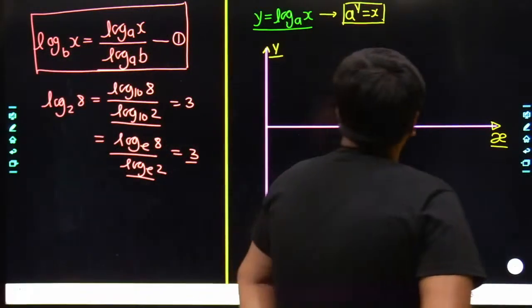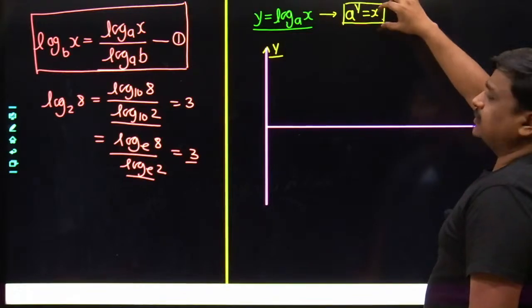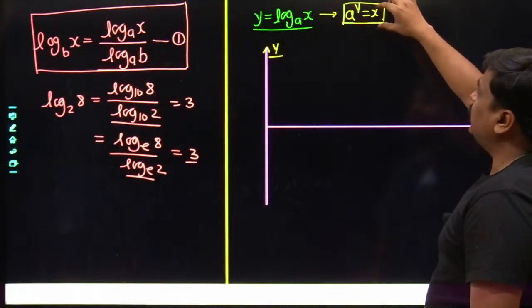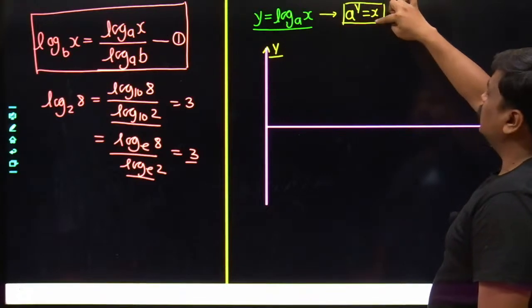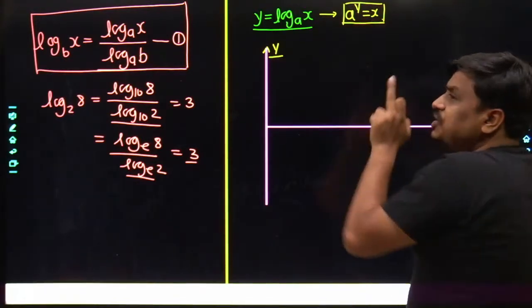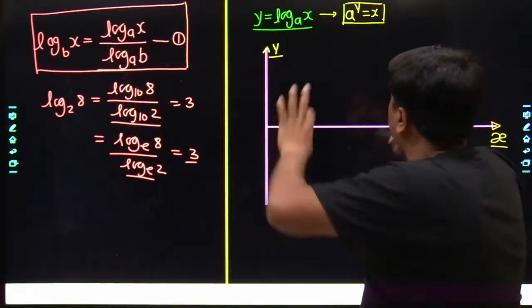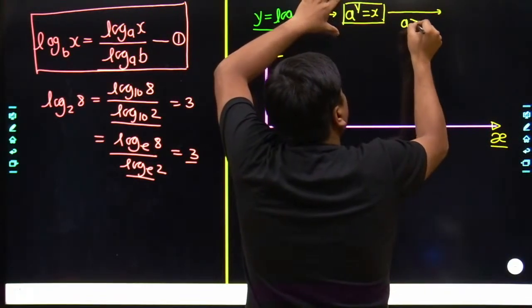Just try to understand in this way. For the time being, if x is taken to be 0, when would x be 0? The x would be 0 only and only when y is reaching towards minus infinity. I have taken a situation where a is greater than 1.